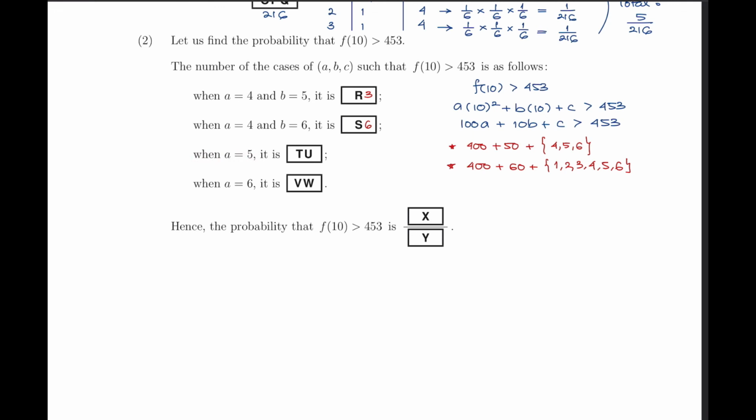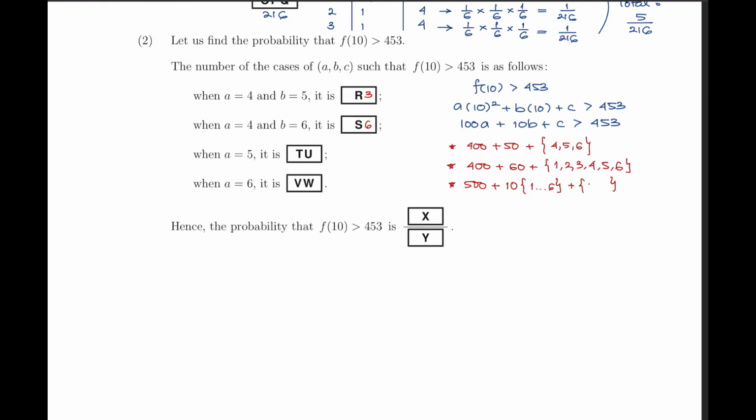And then how about if A is 5? If A is 5, I get 500 plus 10 times B plus C. Since 500 is already greater than 453, B and C can be any number.